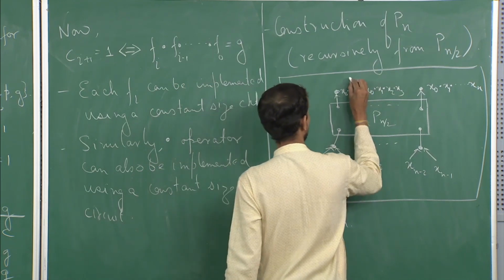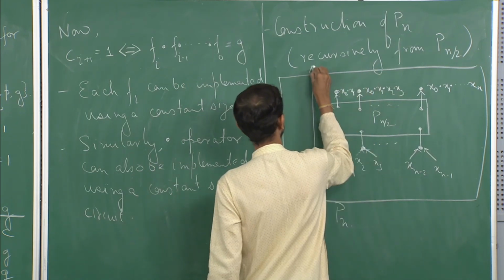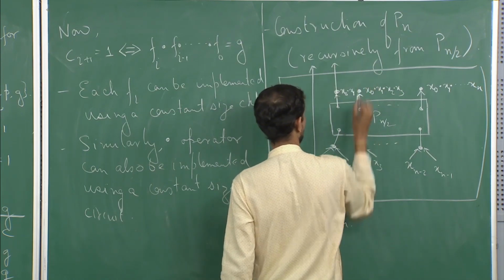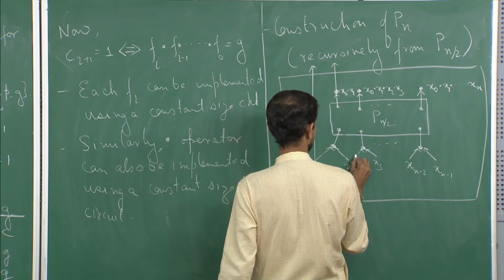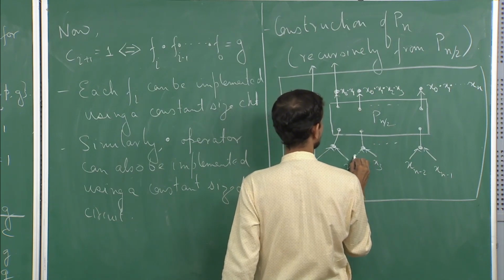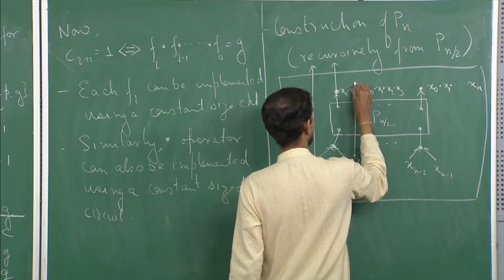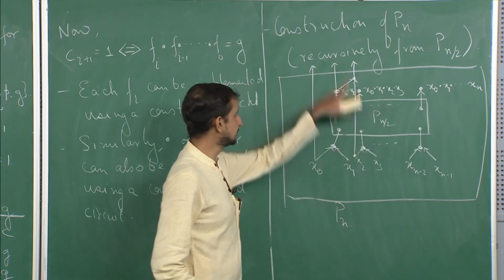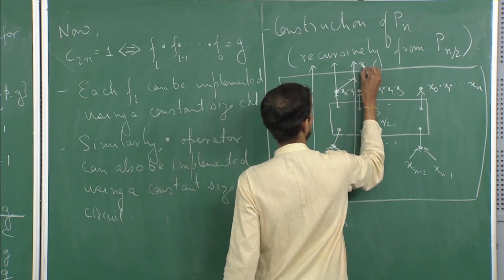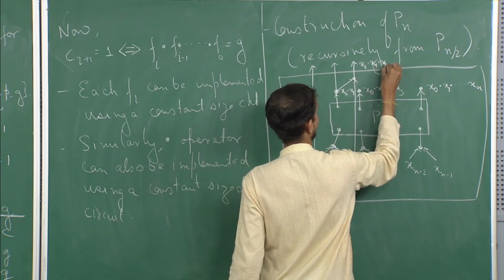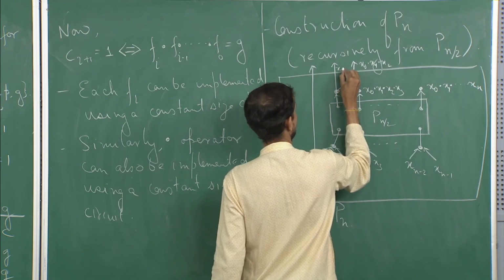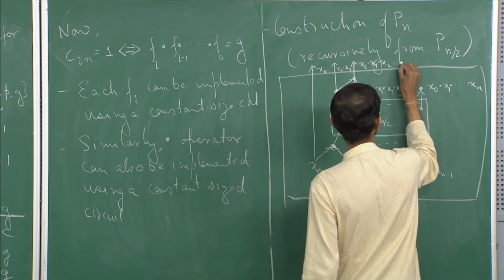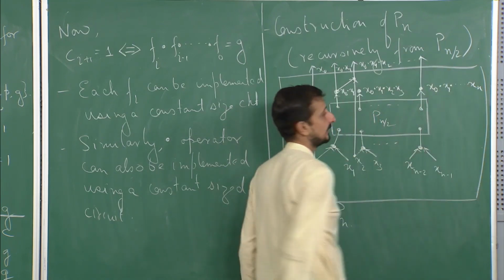So, this directly goes out over here, then for x0 dot x1 dot x2 I will have x2 directly going, this going over here and going out like this. So, this will be x0 dot x1 dot x2, this is x0 dot x1, this is x0, and I basically keep on doing the same thing and finally I get this.